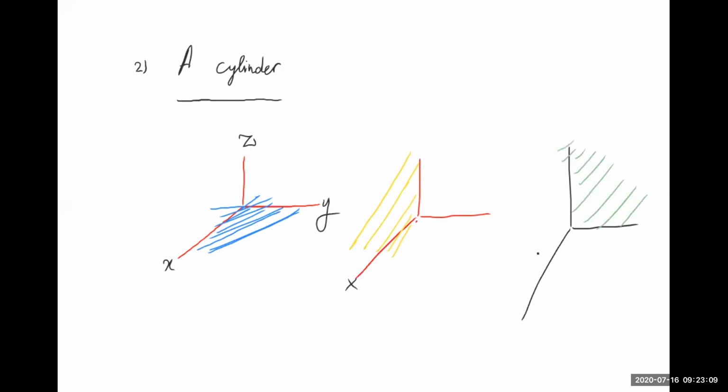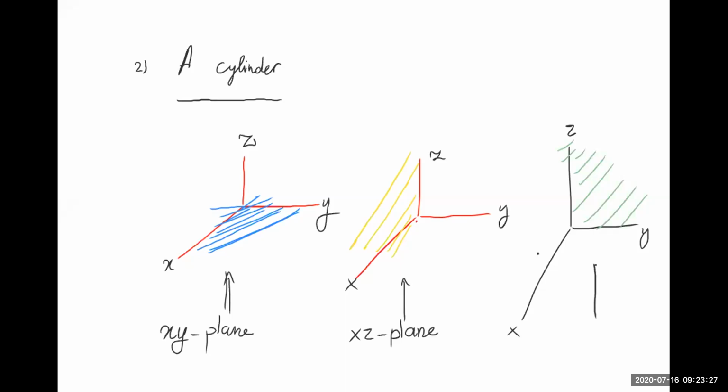We call them using, well, the axis which this plane has. We call this one the XY plane. We call this one the XZ plane. And we call this one the YZ plane.